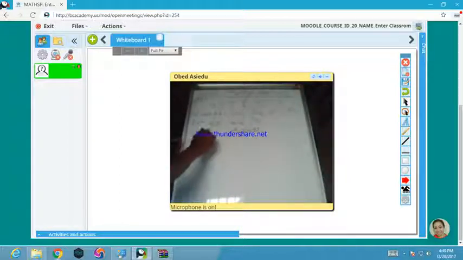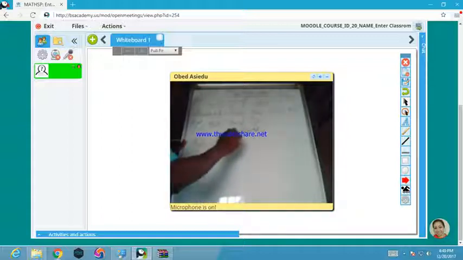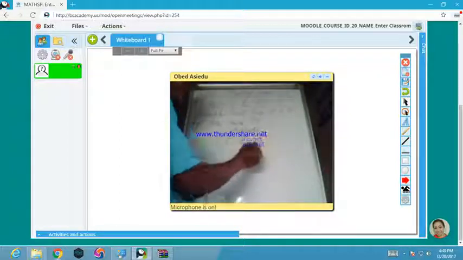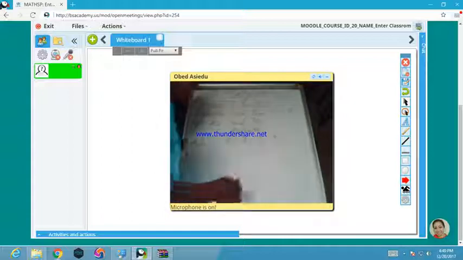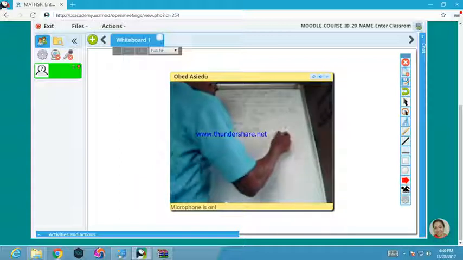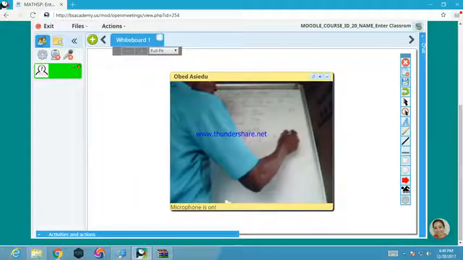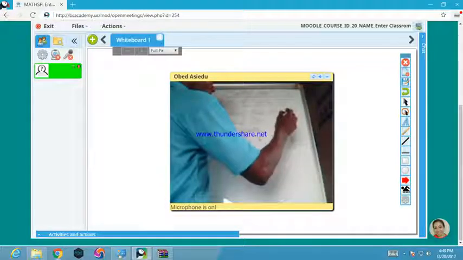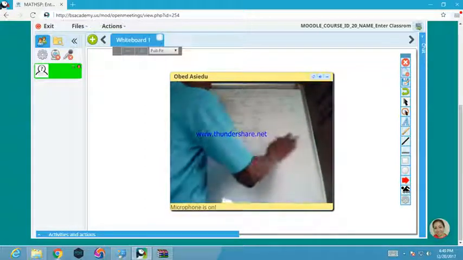Let's say 42. Factors of 42, they are what? 1, 2, 3, numbers that can divide it. 4 cannot go. 5 cannot go. 6 can go. 7 can go also. 8 cannot go. 9 cannot go.